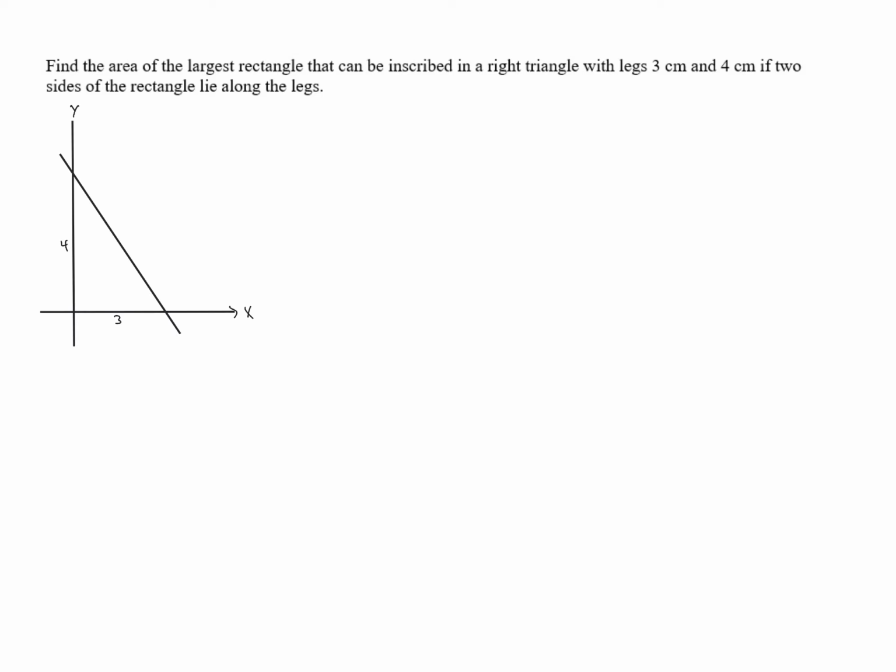So I'm going to put this right triangle in the first quadrant so that the right angle is at the origin, and then the leg that's 3 units long is along the x-axis and 4 units is along the y-axis.